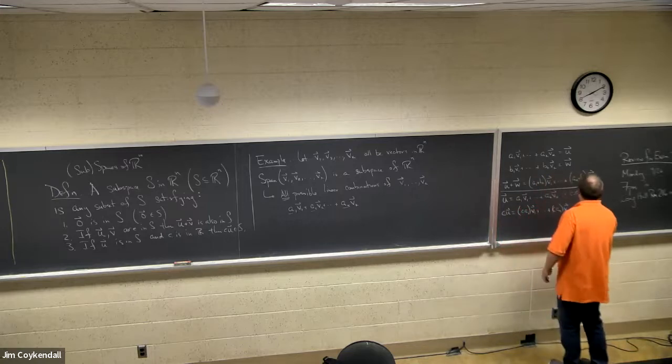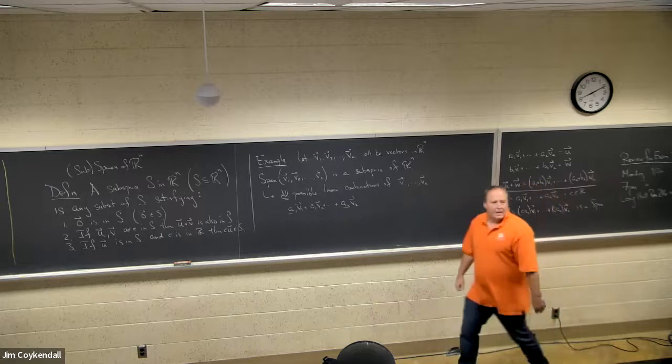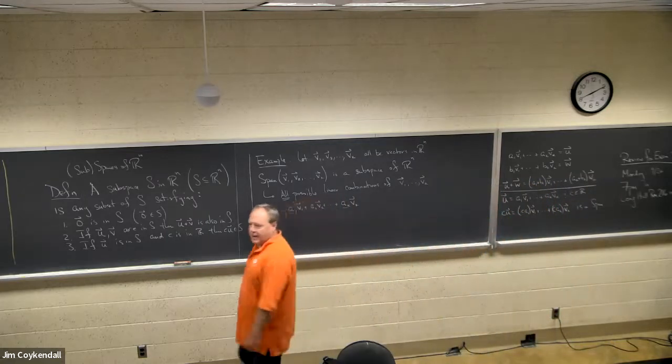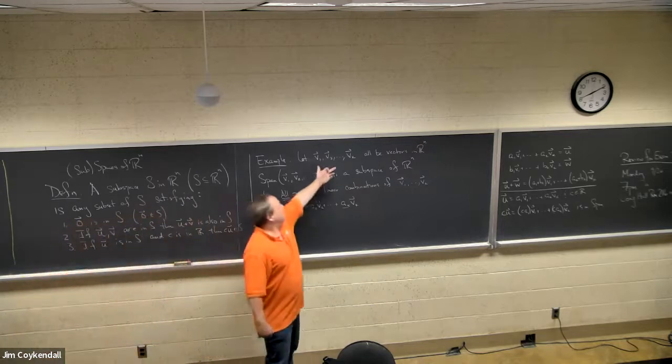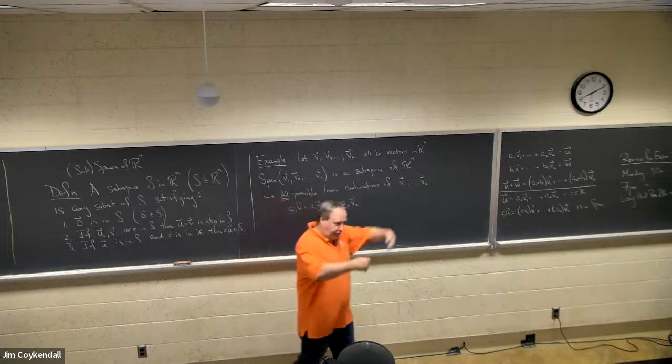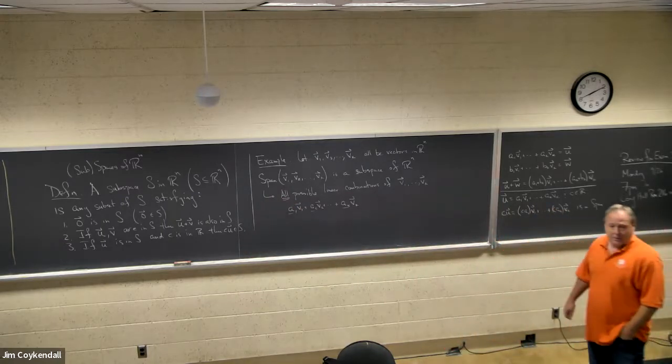Still in the span. So this is a subspace, and this is a good way to build a subspace. Just pick any number of vectors that you want out of Rn and see what they span. That'll make a subspace. Everybody okay?